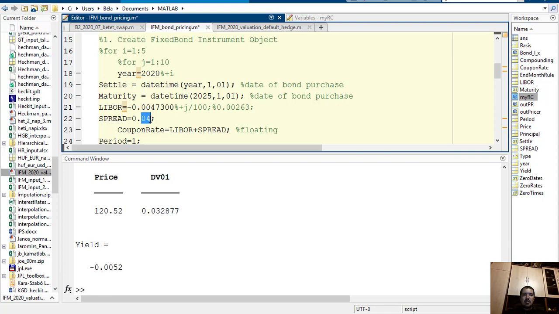Okay, let's write a cycle for that because we don't want to spend so much time on this.